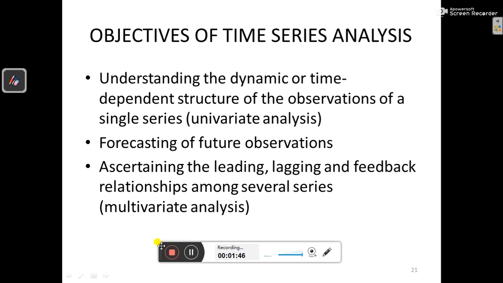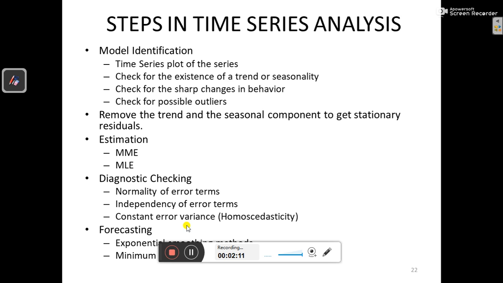And there is the feedback among those related variables. So as a whole, in multivariate analysis, with multiple variables dependent on time, we can ascertain the leading, lagging and feedback relationship among those variables.